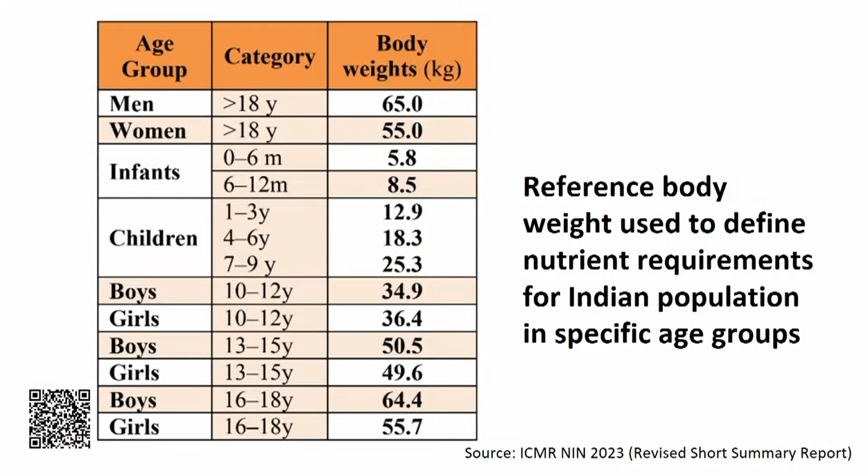So if you can categorize yourself among these categories, you will find age group and the body weight in the other column. This is a reference body weight which the ICMR has identified. So you will find men who are greater than 18 years, their body weight approx 65, women, infants, children. So these are certain categories.